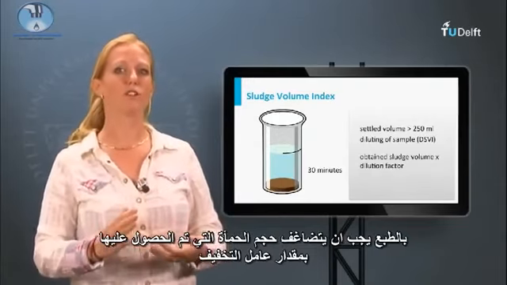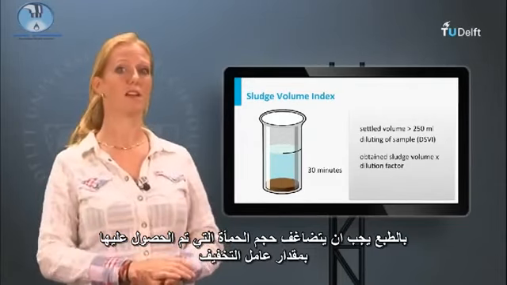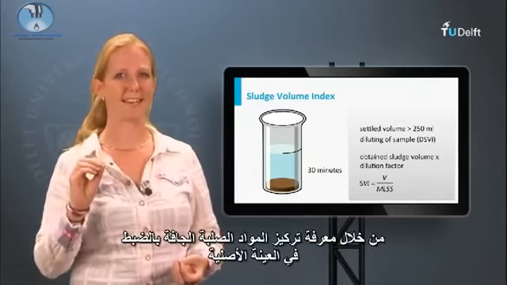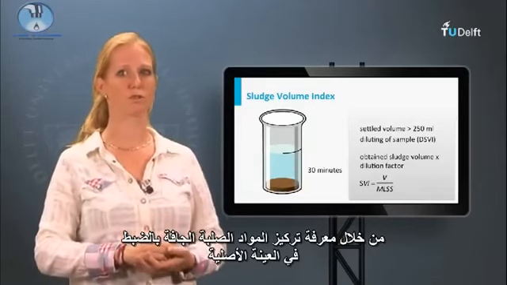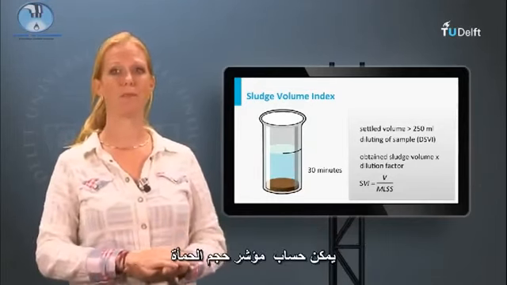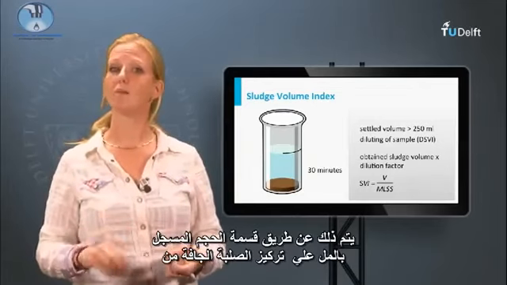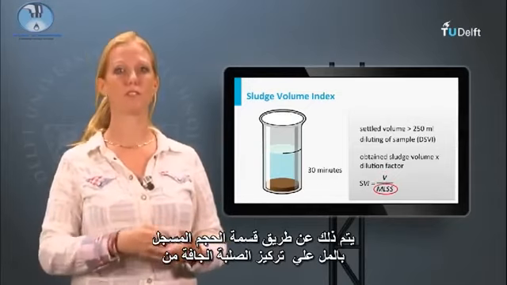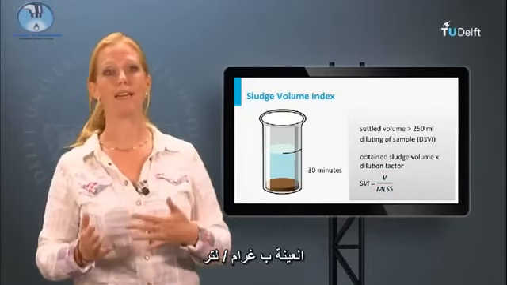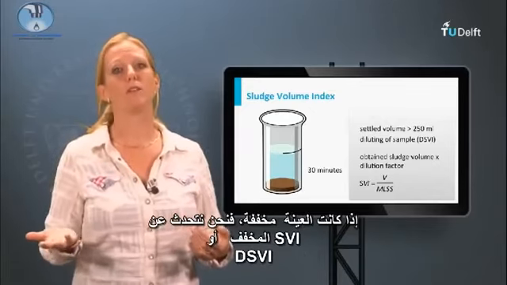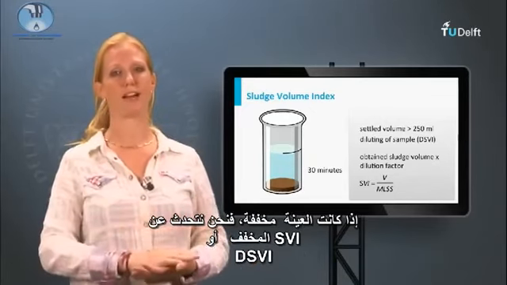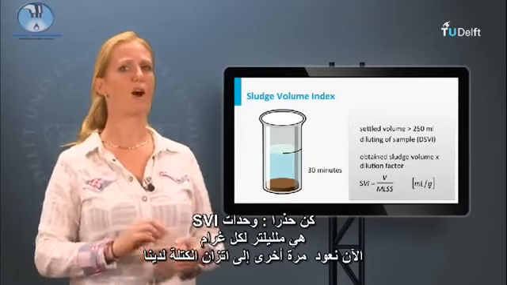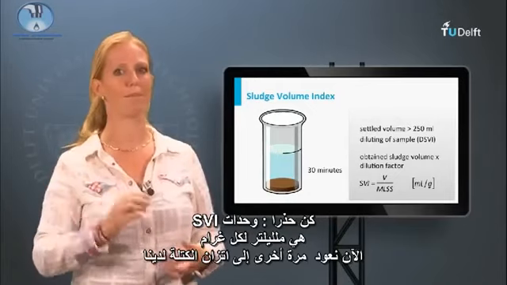Of course, the obtained sludge volume needs to be multiplied with its dilution factor for the correct answer. By knowing the exact dry solid concentration in the original sample, a sludge volume index can be calculated. This is done by dividing the registered volume in milliliters by the dry solid concentration of the sample in gram per liter. If the sample was diluted, we speak about the diluted SVI or DSVI. Be careful, the units of SVI are milliliters per gram.